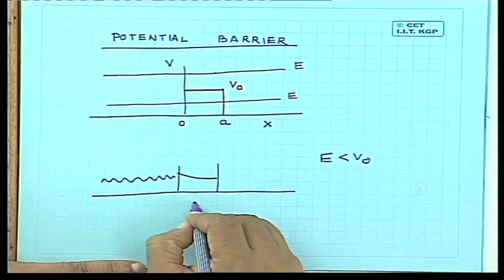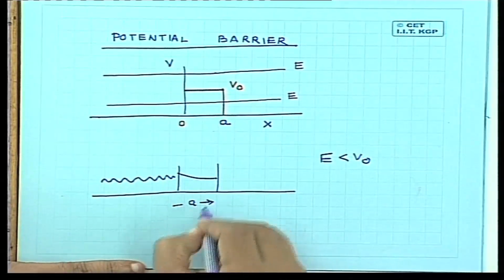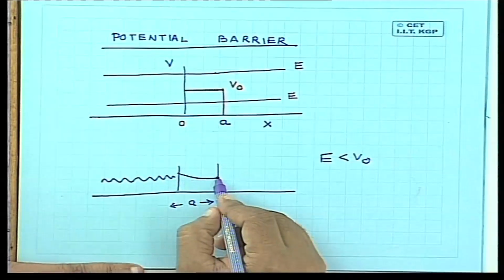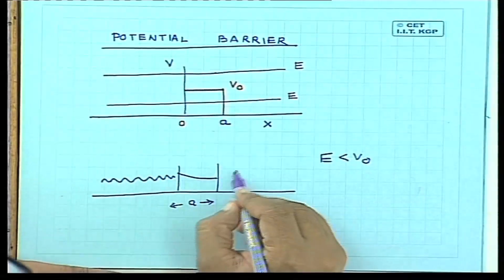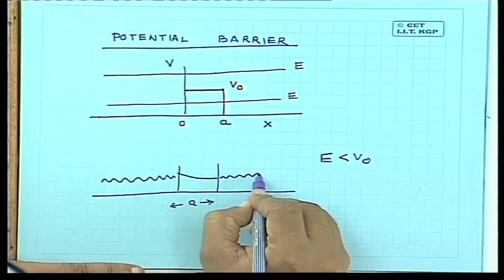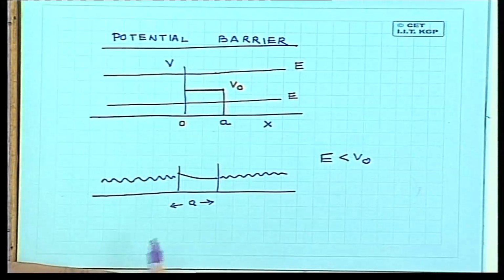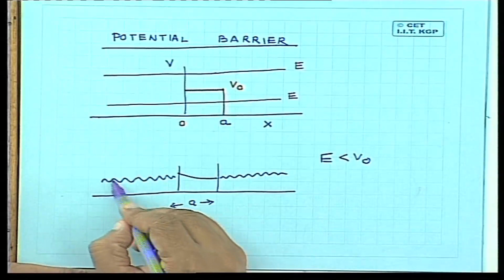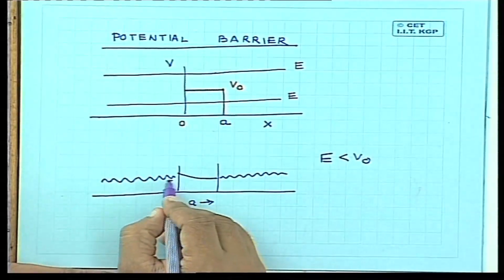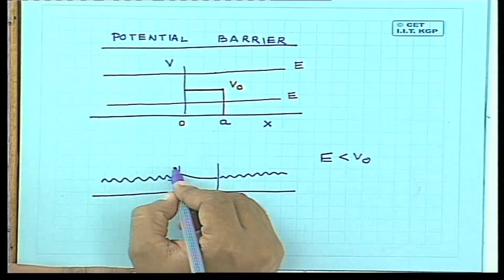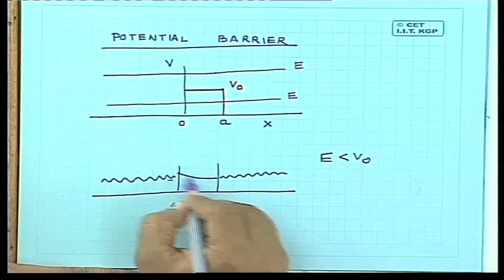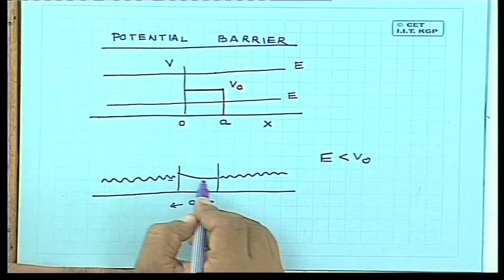but it is not going to go to 0. Over this range of width a, the wave will not go to 0. It will have some finite but small value here. And if you match the boundary conditions here, again you will get an oscillating part of the wave here with a lower amplitude. So for this wave incident from this side, part of it will get reflected back, part of it will go into the potential barrier, and it will decay exponentially inside.